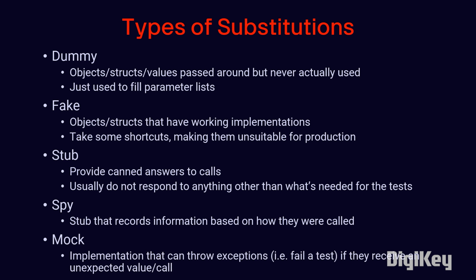Mocks are similar to stubs, but they offer more implementation under the hood. They usually perform some internal checks to ensure that the received values or calls were performed correctly, and they are capable of failing a test from within the implementation. As I mentioned, these definitions can differ depending on who you ask, and they're often used interchangeably with each other.